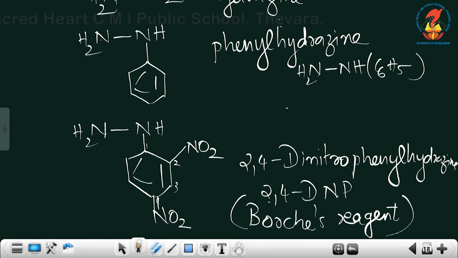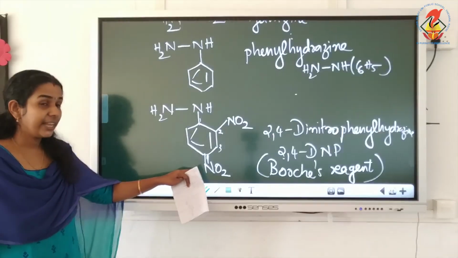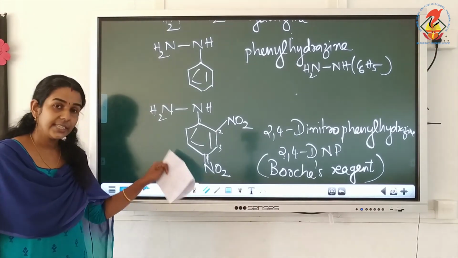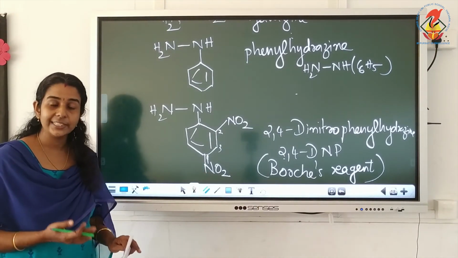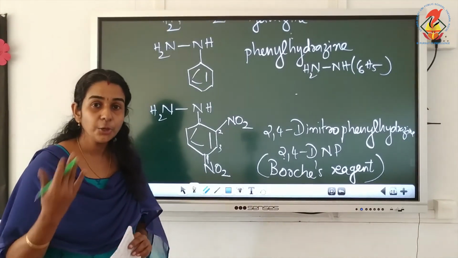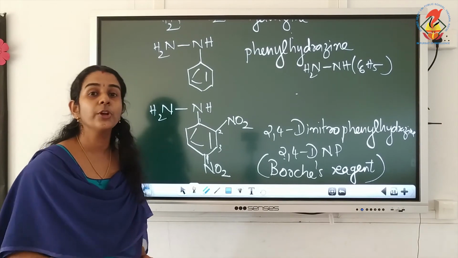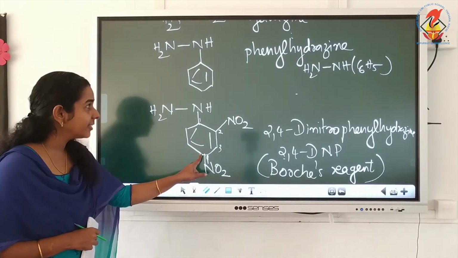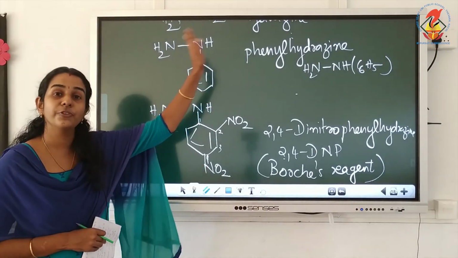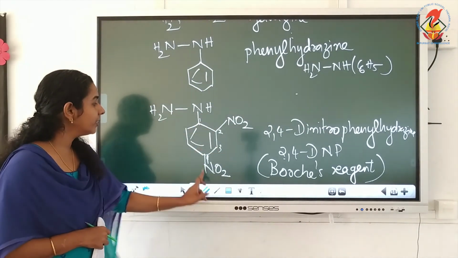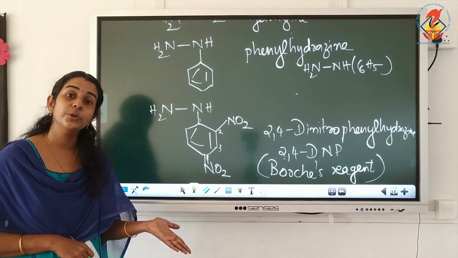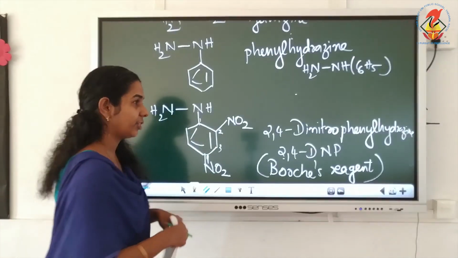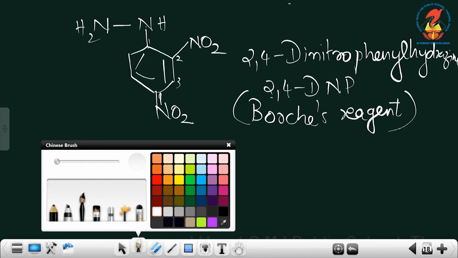Study all the formulas first. This reagent is very important, because we have the same test in our practicals. Wherever theory is connected to practicals, those sections are more important. So, hydrazine, one hydrogen is replaced by a benzene ring, becomes phenylhydrazine. If there are two nitro groups, it will become 2,4-dinitrophenylhydrazine, or Brady's reagent.